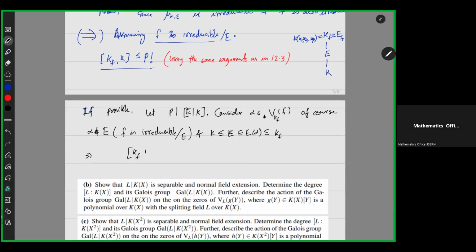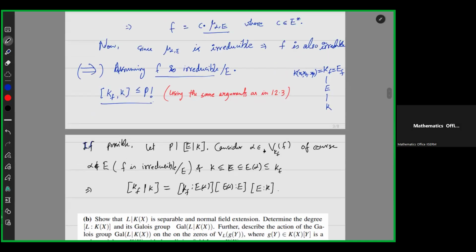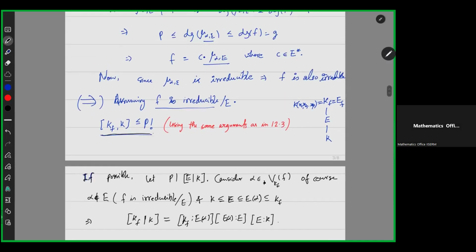Degree of KF over K can be written as KF over E alpha into E alpha over E into E over K. And this is less than or equal to P factorial, that is fine.